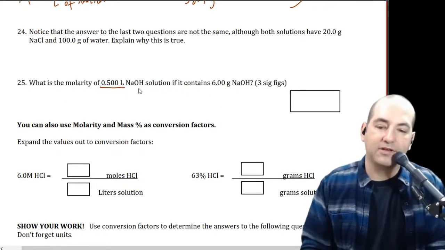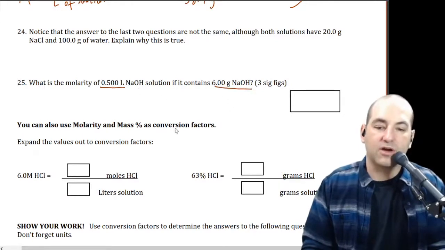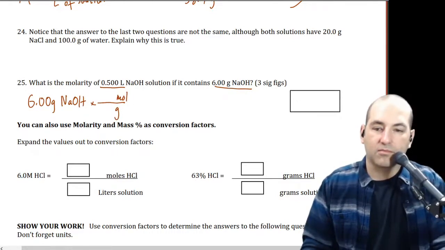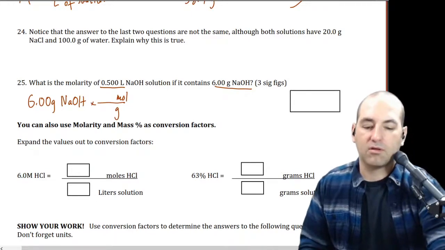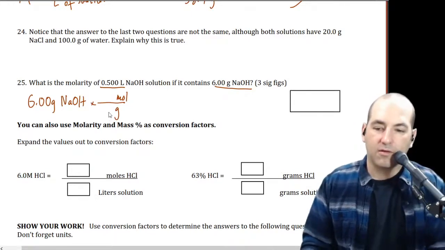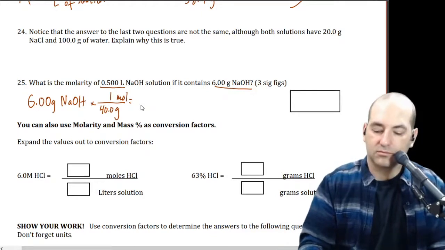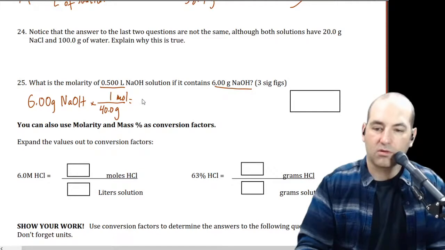So here's more what a proper molarity should look like in number 25. If we have a half liter of sodium hydroxide solution with 6 grams of sodium hydroxide in it, then we can say 6 grams of sodium hydroxide, at 40 grams per mole, gives us 0.150 moles.